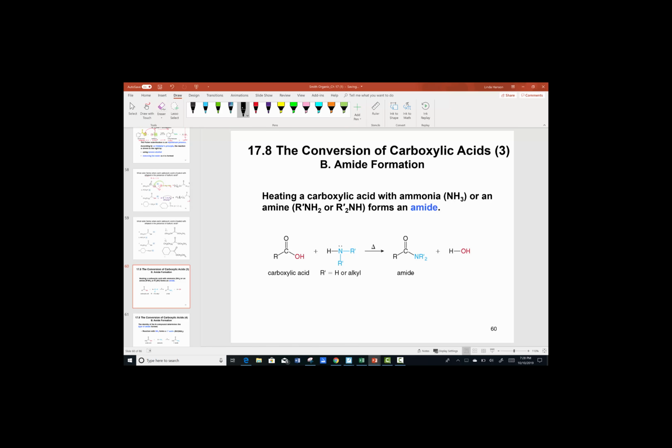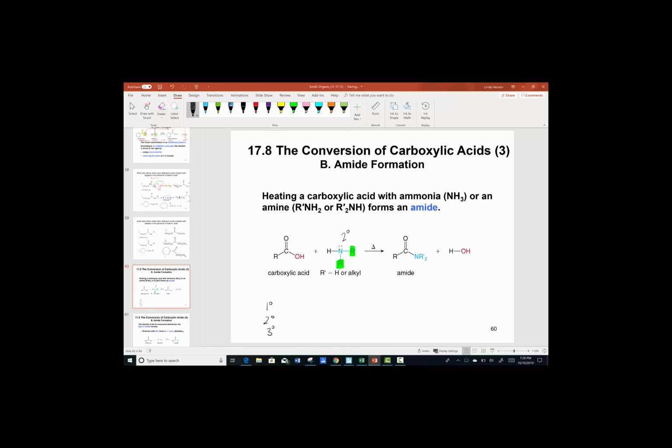And remember how we practiced that a nitrogen can be primary, secondary, or tertiary. It depends on how many carbons it's attached to. So in this general formula, these R groups represent carbons, carbon chains. So this would be known as a secondary alkyl or a secondary nitrogen.